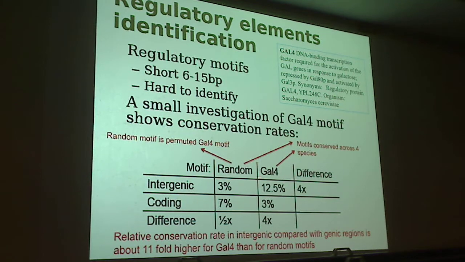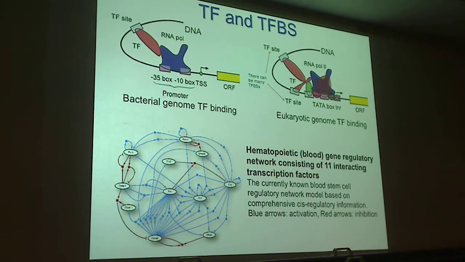That means, if you compare these two, you could say, as opposed to random, you find that real regulatory elements happen about 11-fold more in intergenic regions as compared to the random situation. So you can do this because, again, comparative genomics, you use the conservation over 4 well-chosen species, here, genomes. Okay, and this is what you should know by now.